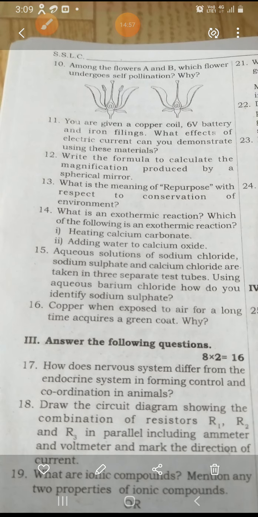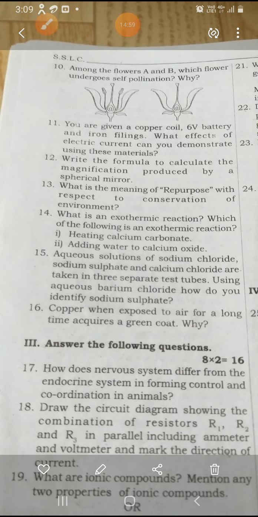So in this, children, you must have observed that many questions pertain to understanding and application type questions. At a glance they may look tough, but these questions are very easy. For that you have to use your understanding, how much you understood the lesson.